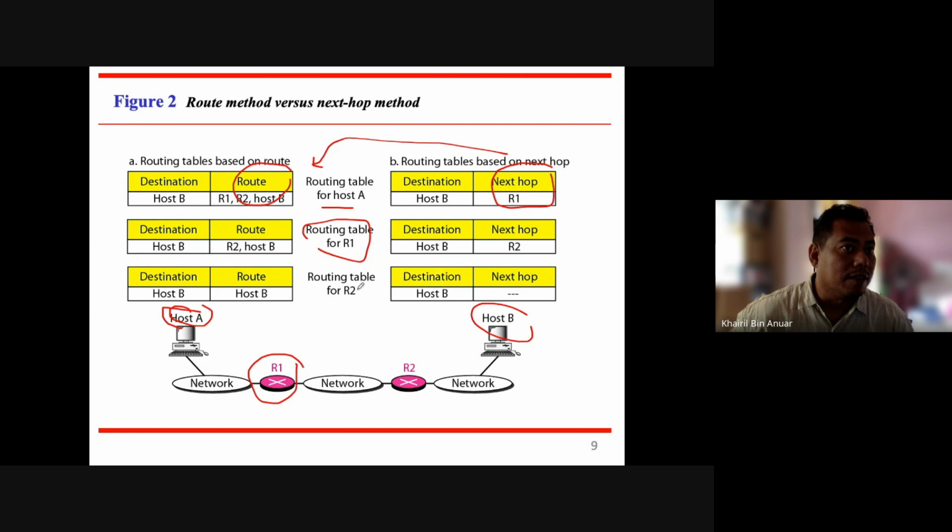Then when you get to R2 and you want to go to host B, you are already connected, so you have no problem. So this is the difference between the route method versus the next hop method. This will be a very basic concept in our routing protocols later on, where you will see that this represents either a next hop or routed method itself.